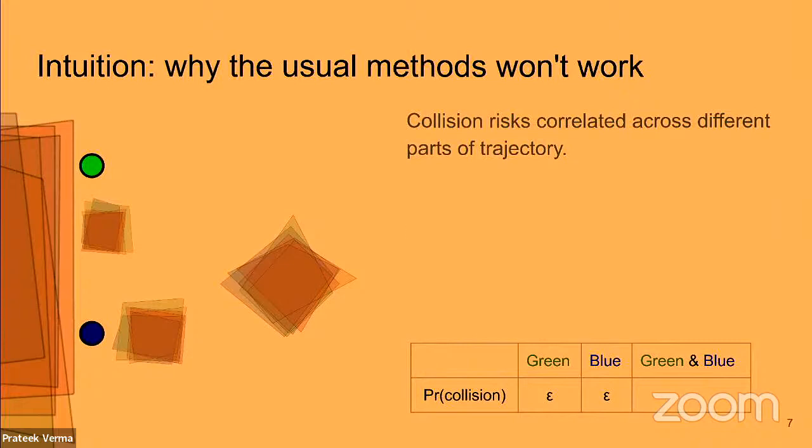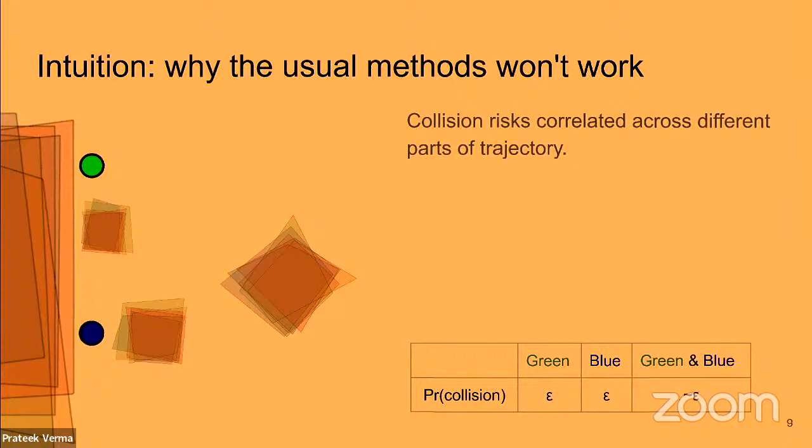And what that gives us is, we could go ahead and use a union bound and say, okay, one way that we can bound the probability that either the green or the blue point is in collision is just 2 epsilon. But because we're mainly uncertain about this position on the x-axis, there's actually a strong correlation between the events that the two are in collision, right? Because if that obstacle ends up further to the right than we expected, we're more likely than not, both the green point and the blue point are going to be in collision.